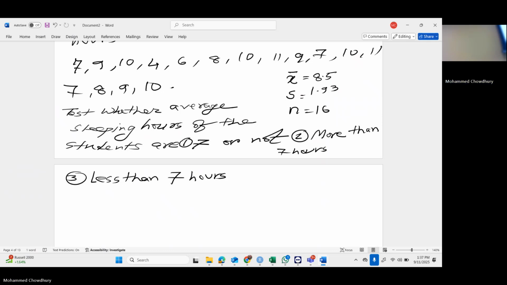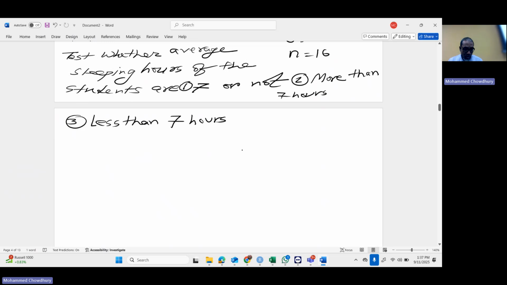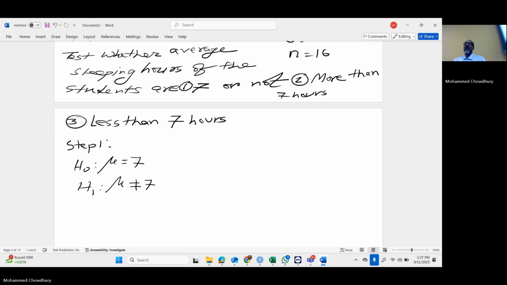Null hypothesis is always a hypothesis of no difference. Now I want to set this up. So null hypothesis, step 1. Step 1 could be H0, null hypothesis, mu equal to 7. Alternative hypothesis, mu is not equal to 7. Understand?